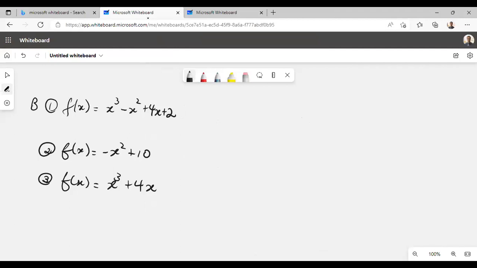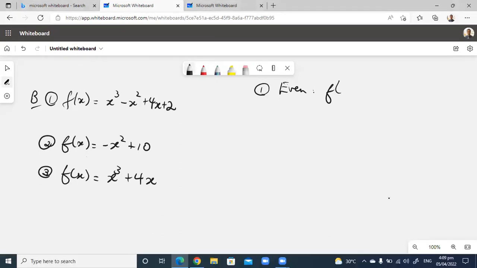Right, so look at this. We're looking at part B. Let's do question 1 first. So if it's even, then f, let me make sure you can see this. Yes, you can. So if it's even, then f of x is equal to f of minus x.